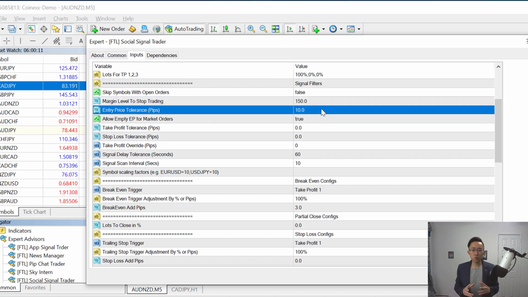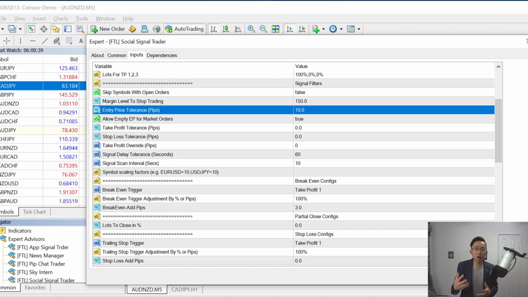Okay, entry price. For entry price tolerance, this means that if you have a suggested entry price, either for a market order or a pending order, and it is within 10 pips of the market price, then it will take the signal.